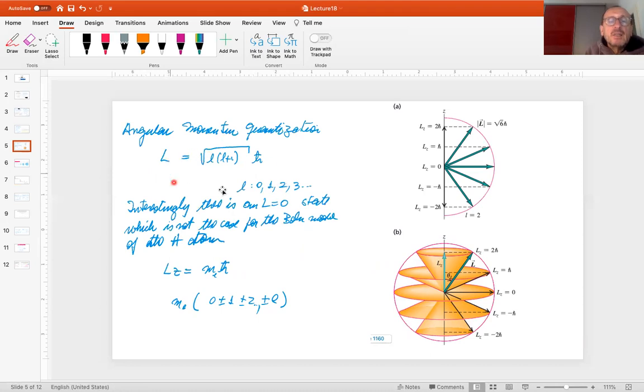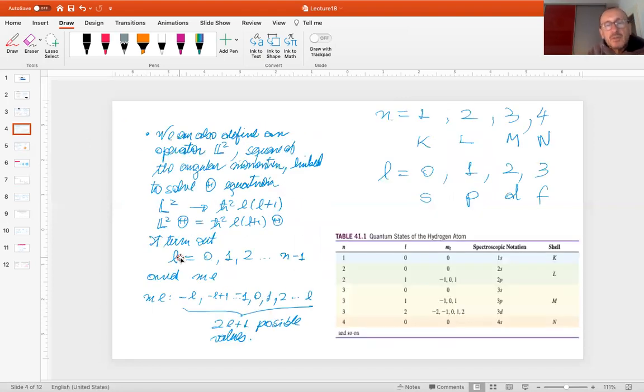The z component of the angular momentum increases this way until double the value of L. The modulus of the total angular momentum can increase until n minus 1, where n is the actual layer in which the electron is living. So this is what one really has to know, and then you have to learn how to label the states in this way.